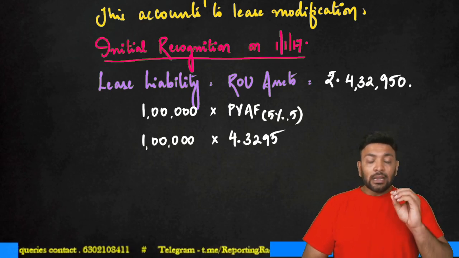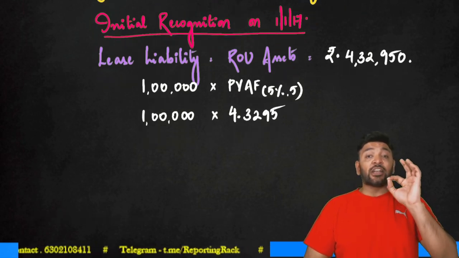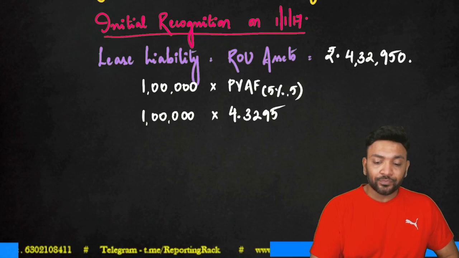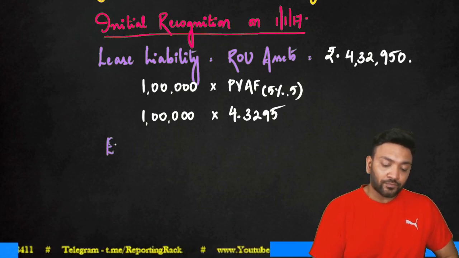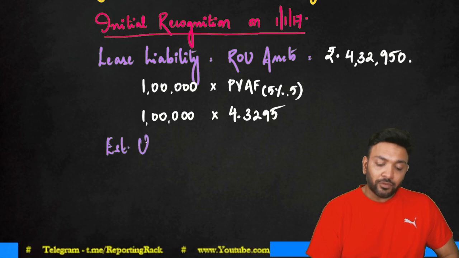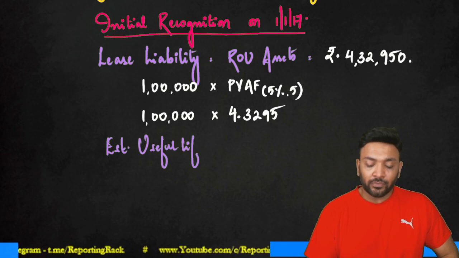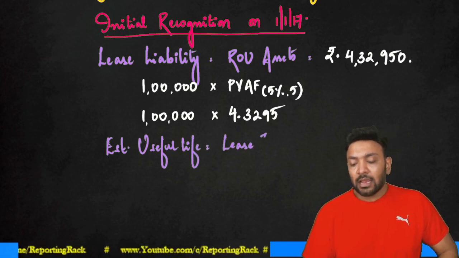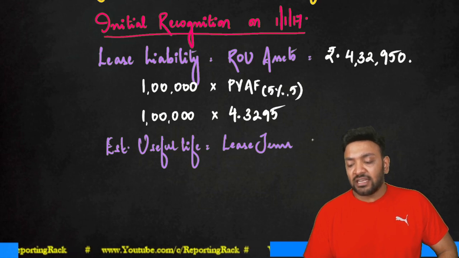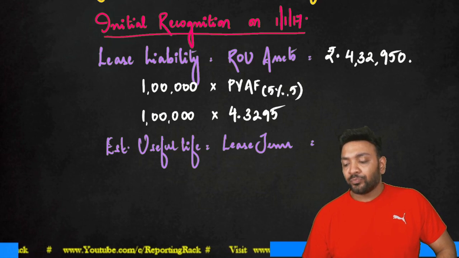Correct? Now, if your ROU asset has an estimated useful life of 5 years, estimated useful life is equal to lease term, and initially when I measured the lease term, it was supposed to be considered as 5 years.